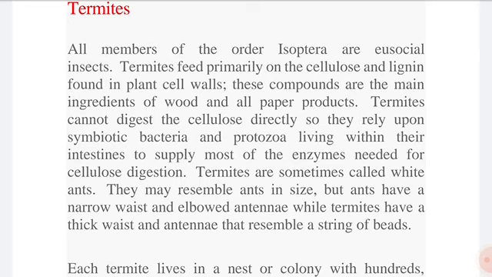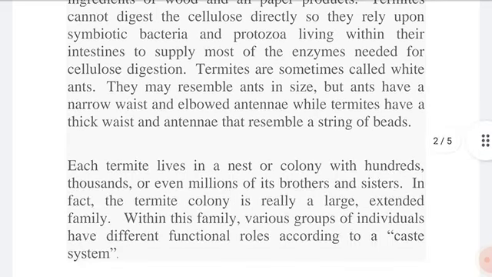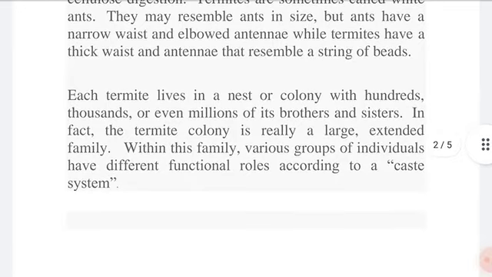Termites are sometimes called white ants and they may resemble ants in size, but there is a minute difference. Ants have a narrow vest and elbowed antennae, while termites have a thick vest and antennae that resemble a string of beads. That is the difference between these two species. Each termite lives in a nest or colony with hundreds, thousands, or even millions of its brothers and sisters.